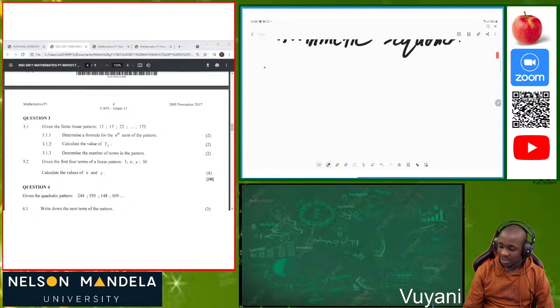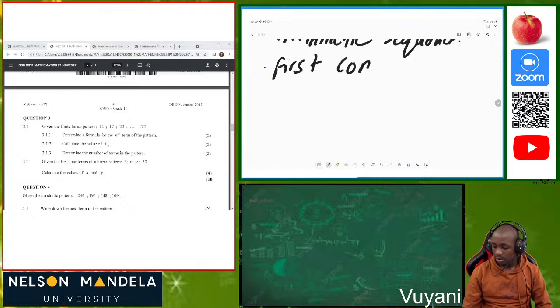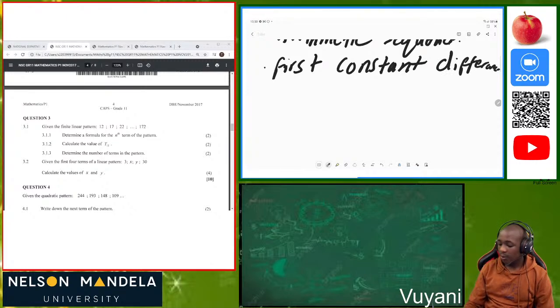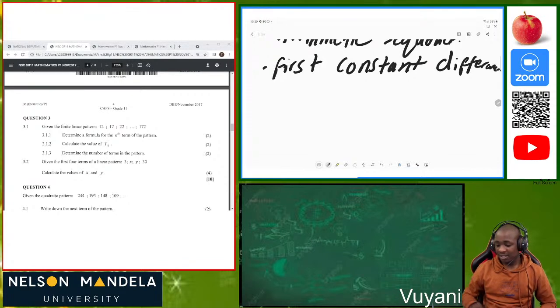On an arithmetic sequence, we have the first constant difference. In other words, in the sequence which we are given, we only have the first difference, which is the same.